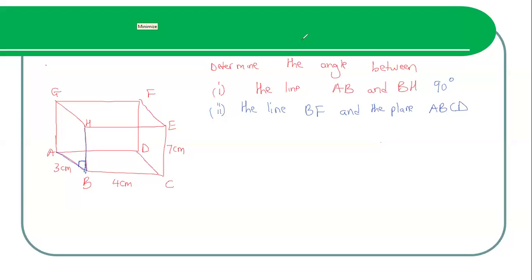We make a straight line from F to B. Good. Then also draw a line from B to D. Then find line BD, which is 5 centimeters.